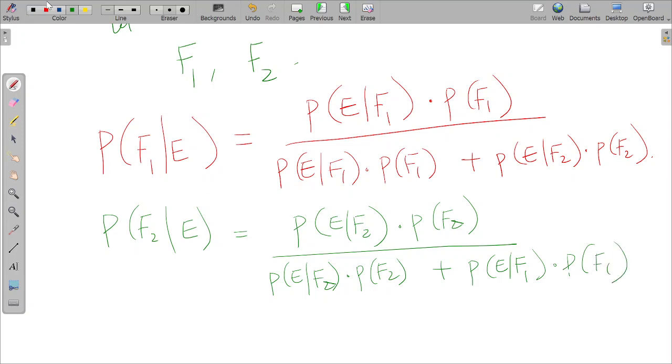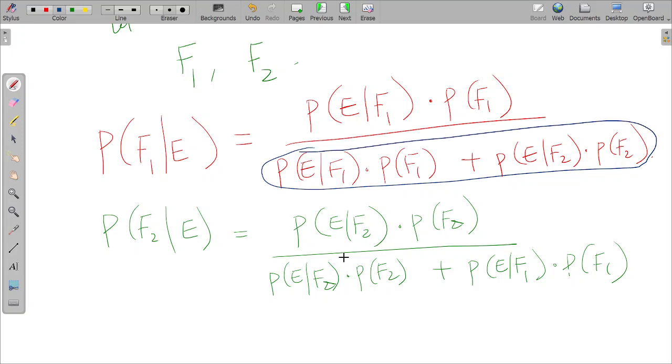Because n equals 2, we have 2 parts to F. This is for when we are finding F1. We have the probability of E given F1 multiplied by the probability of F1. If you look at the denominator, it is the same as this one.